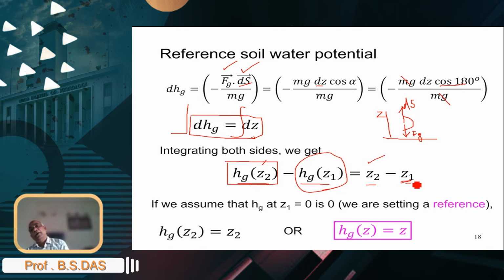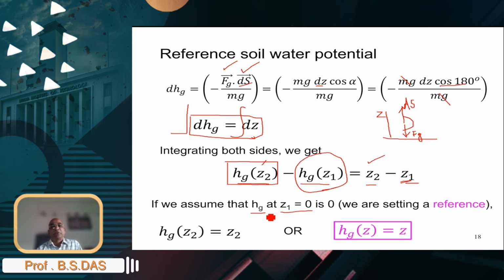As a convention, we assume that wherever z1 is 0, the gravitational potential head is 0. So implicitly we are setting up an arbitrary reference. We assume that the reference potential head for gravity is 0 wherever we choose z equal to 0.